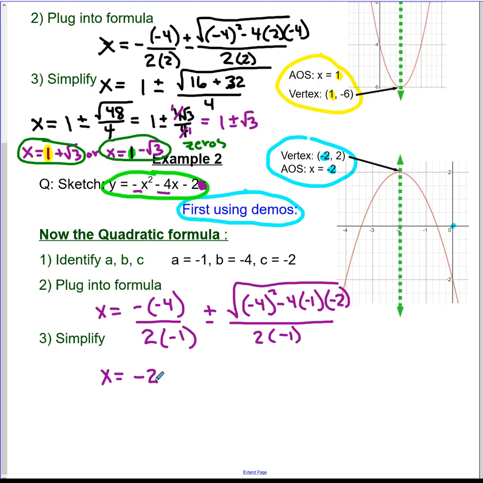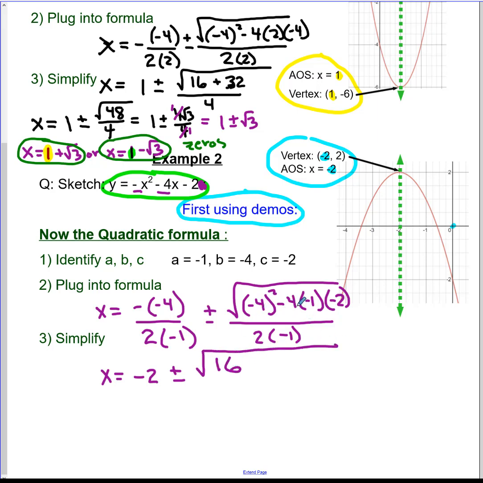And that may be exactly what we were looking for, because that is this number. See it? That's that negative 2. We were wondering where it was going to pop up in the formula. So if you haven't figured it out already, it's the first fraction. I'll show you again in a second. Plus or minus. And let's simplify this radical here. So just like before, negative 4 squared is 16.